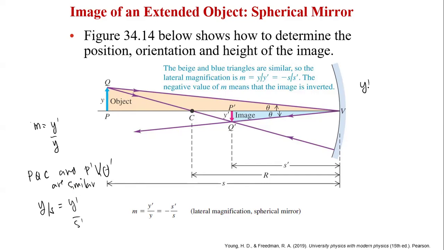So we have y' over y, which is equal to s' over s. Since y here is negative, we can actually write this negative as equal to s' over s.